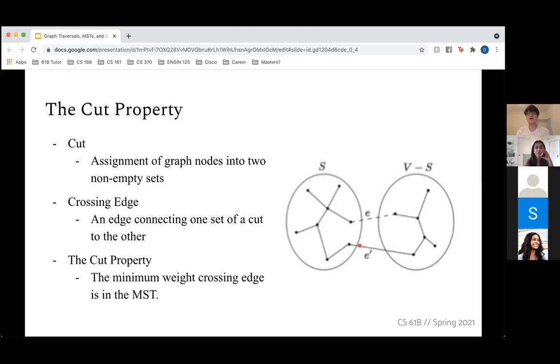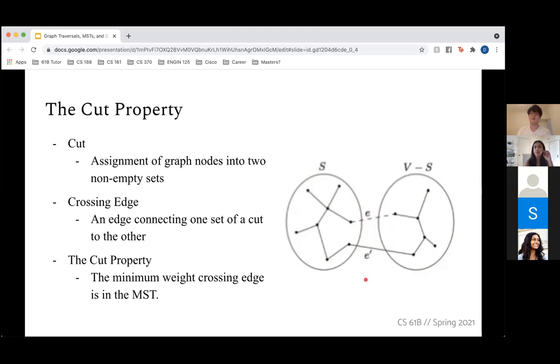Yeah. And kind of adding on to what Anjali said, regardless of whether each set of our cut is an MST or not, we know that in an MST we have to connect all the vertices together. So it doesn't necessarily matter what form these vertices are in on the right-hand side or the left-hand side here, because we know that we're always going to have an edge that connects these two sets together.